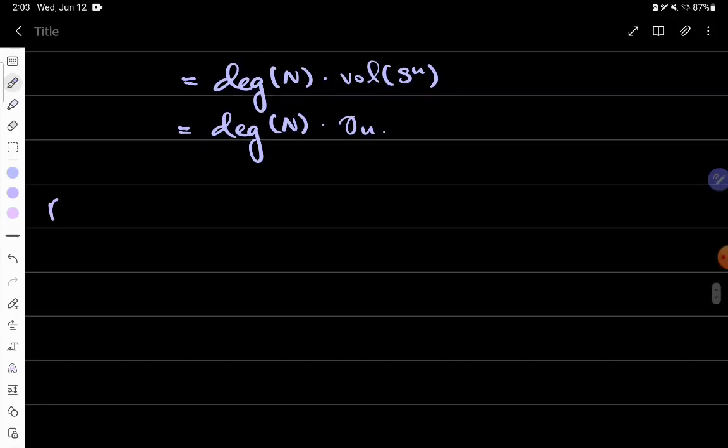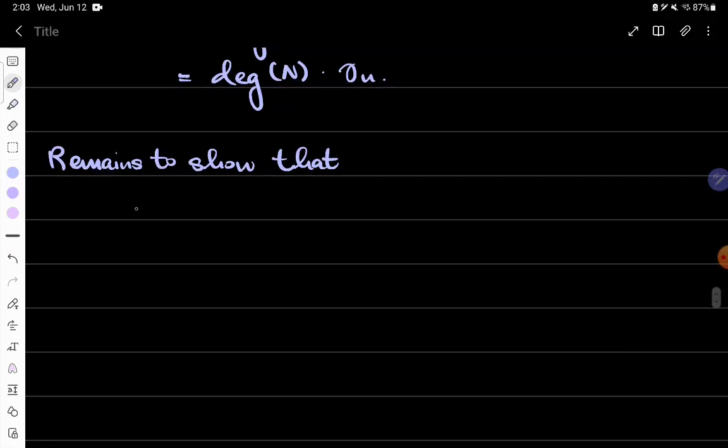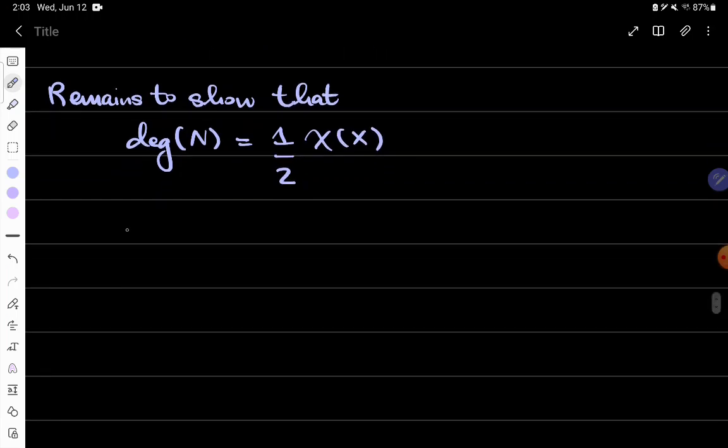So now it remains to show that the degree of the Gauss map is equal to 1/2 of the Euler characteristic of X, i.e. 2 times the degree of the Gauss map is equal to the Euler characteristic.